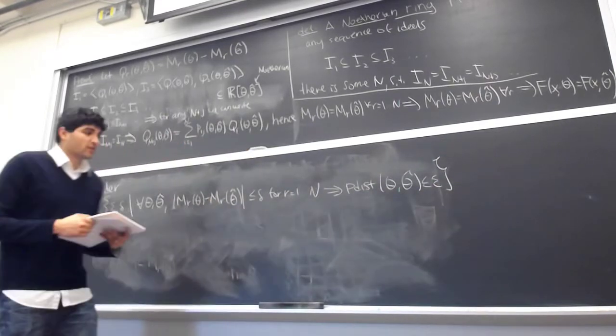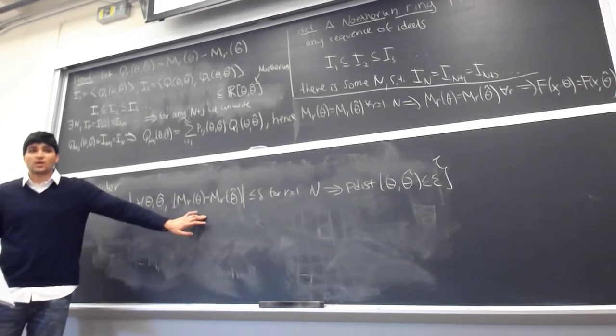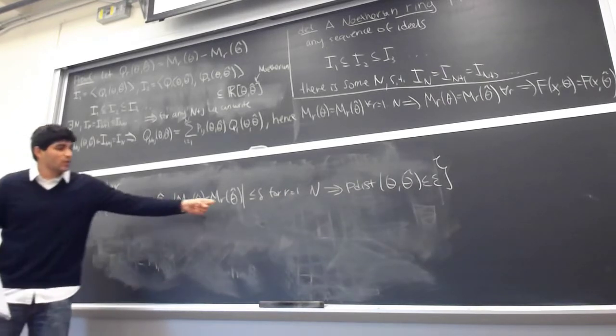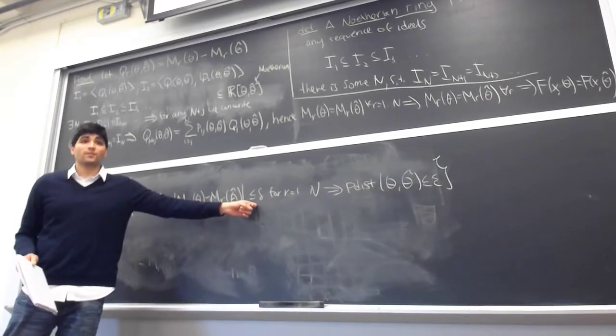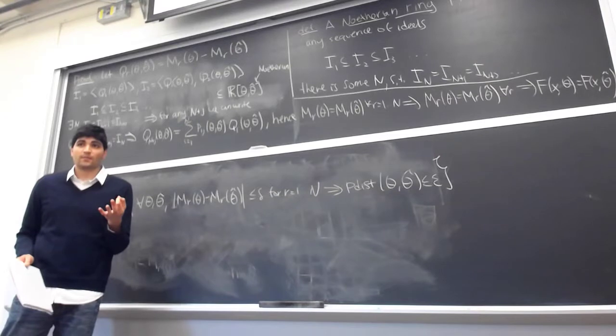So this is just a sentence explaining, once we know a finite number of moments suffice, we want to know what the relationship is between epsilon and delta. That's our stability property. It's how close do we need the moments to be so that we've learned the true parameters within epsilon.